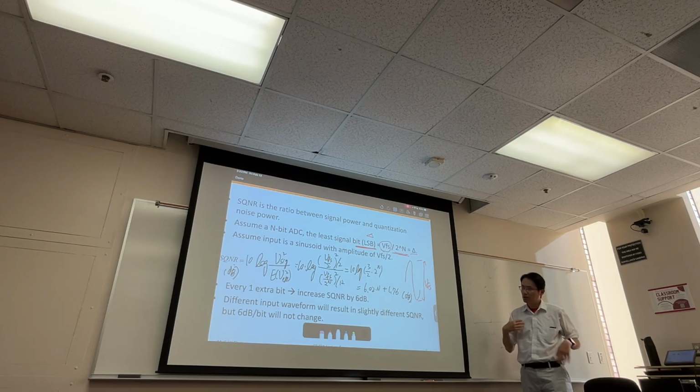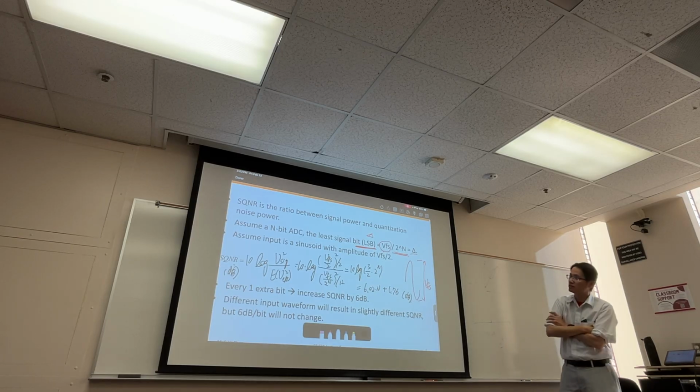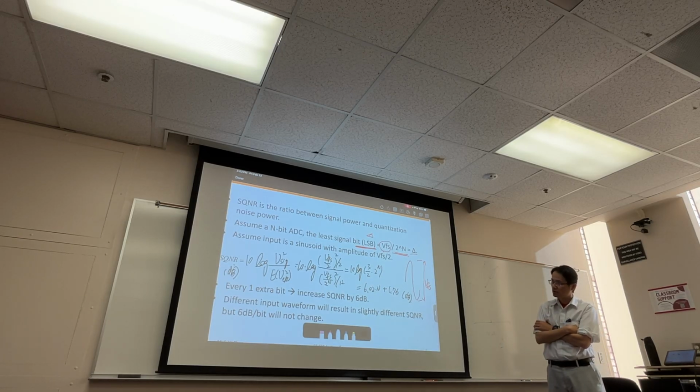So this 6n plus 1.76 dB goes hand in hand to describe the SNR and the resolution of your system, like an ADC. So if I add 1 bit to your ADC, what's my SQNR or SNR? SQNR improves by 6 dB.